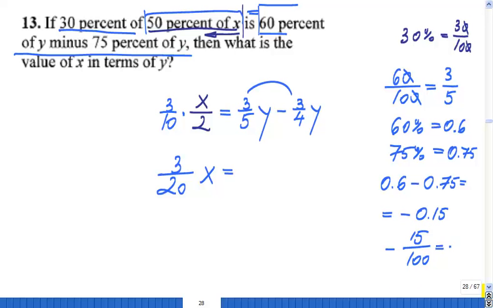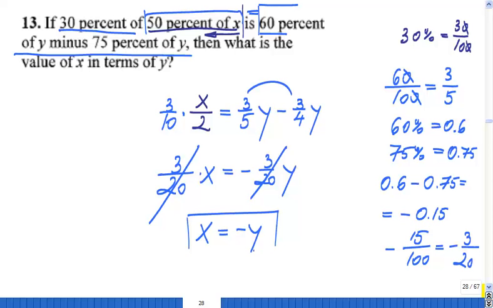Simplify by 5: 15 divided by 5 is 3, 100 divided by 5 is 20. So 3/20 of x equals negative 3/20 of y.